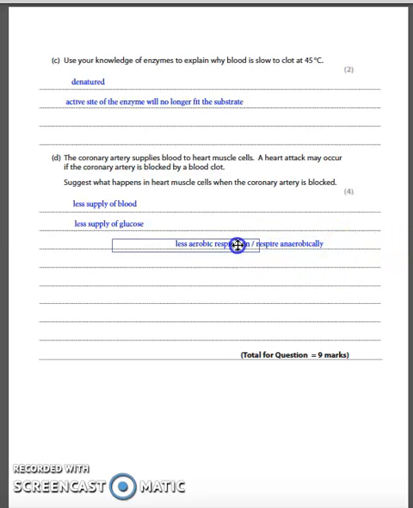When you respire anaerobically, there will be an accumulation of lactic acid. Lactic acid can lower the pH in our blood, and when there is a change in the pH, this will inhibit enzymes or affect enzymes from functioning.